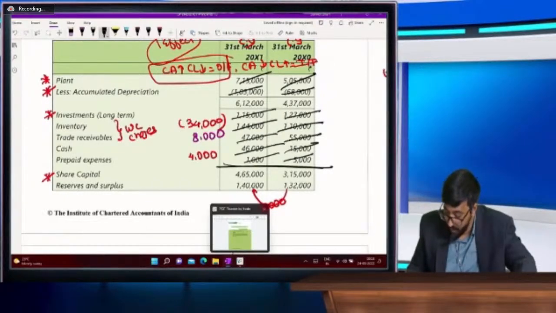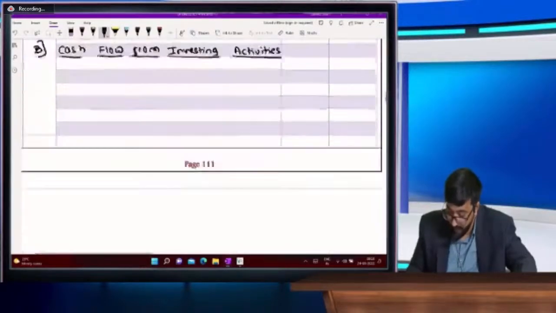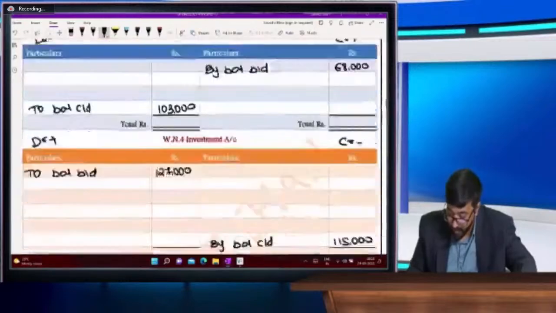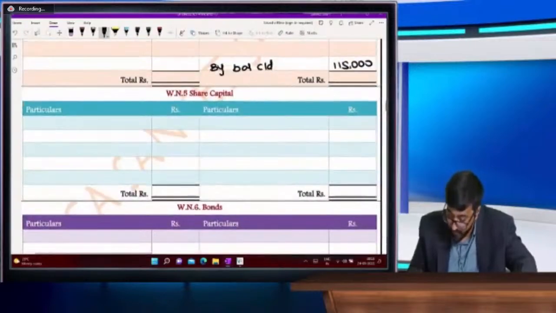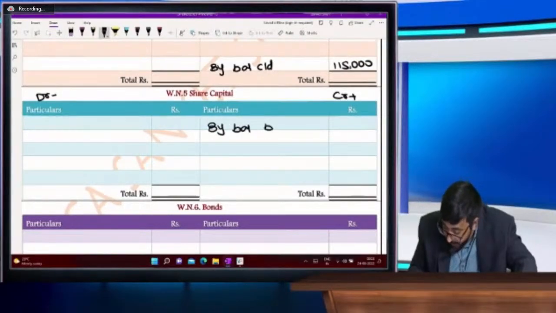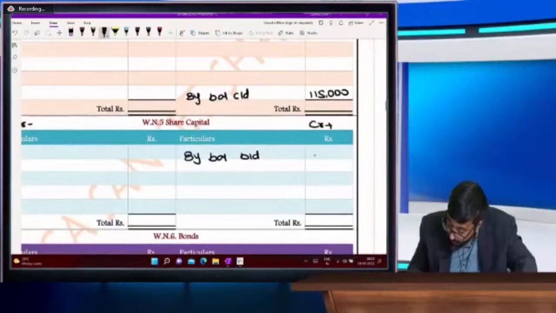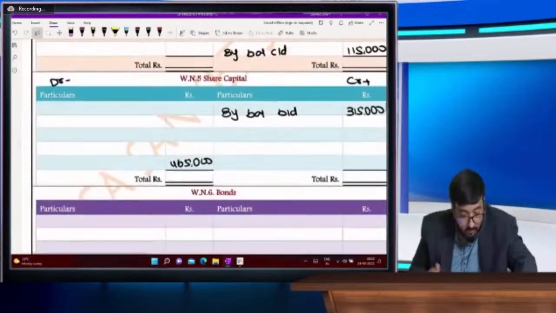We opened account 315 and 465. Share capital. Credit plus, debit minus. Liability side, credit plus. By balance brought down 3,15,000. 4,65,000 to balance carried down.